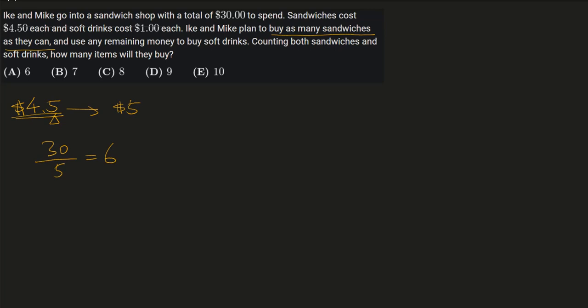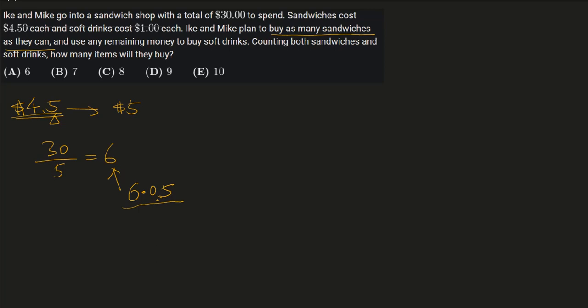However, that's not over yet, because the sandwich price is not $5. It's $4.50. Therefore, for each of these 6 sandwiches, you pay the extra 50 cents, right? So you should have a remaining of 6 times this much left when you pay the actual price.